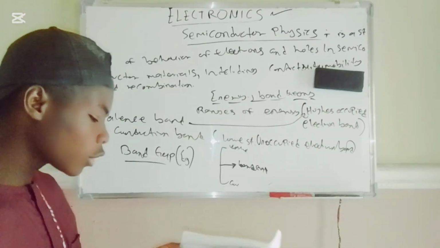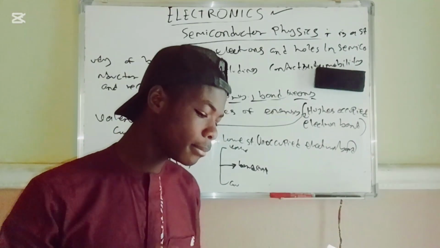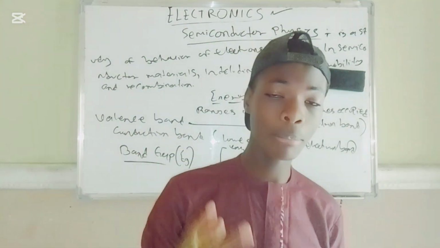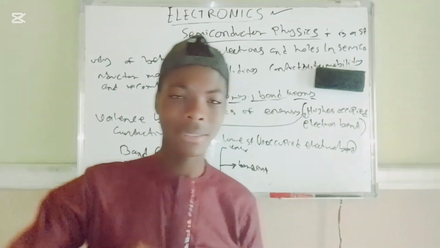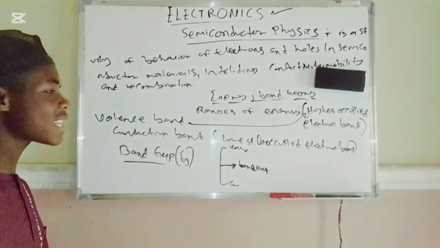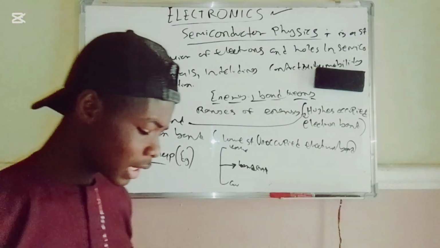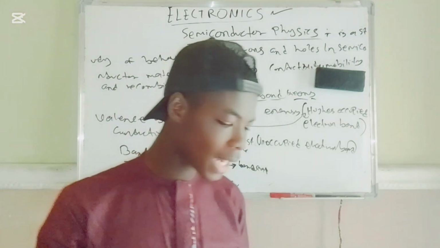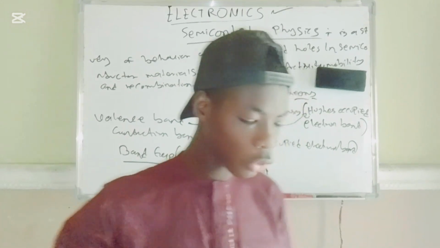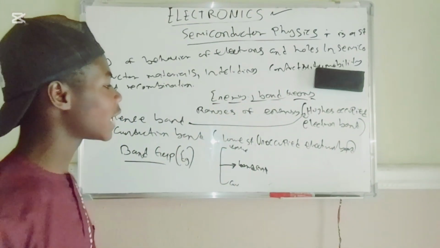That is the definition of band gap. So what of the forbidden band? Forbidden band, sorry, not band gap. Forbidden band is the same as band gap, but we can define it as an energy gap between the valence and conduction band where electrons cannot exist.